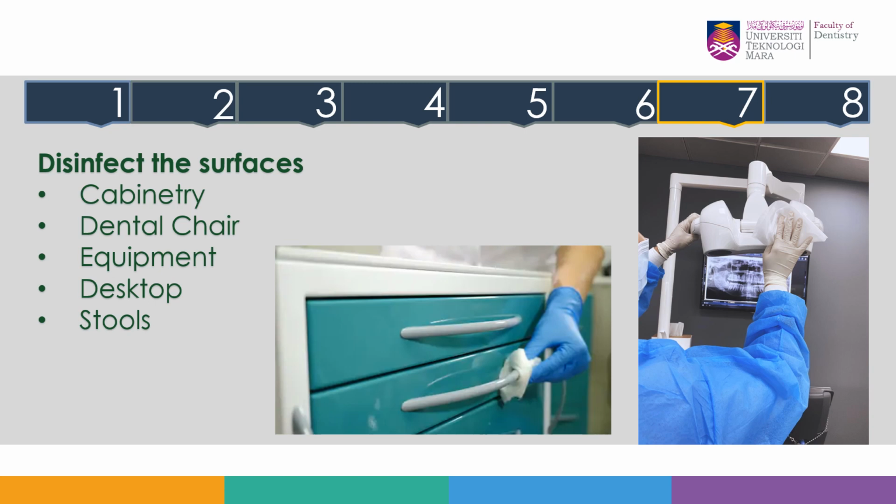Make sure that once you remove the film barrier, you do still need to disinfect them with disinfectant available. Commonly used is actually the alcohol wipe. Just make sure that all surfaces are disinfected first prior to calling your next patient.